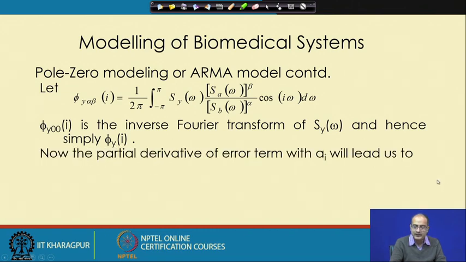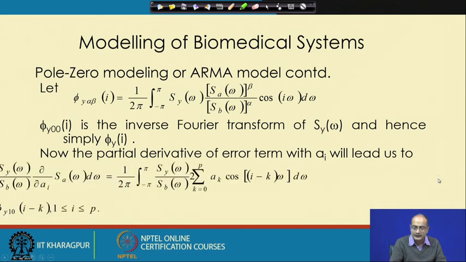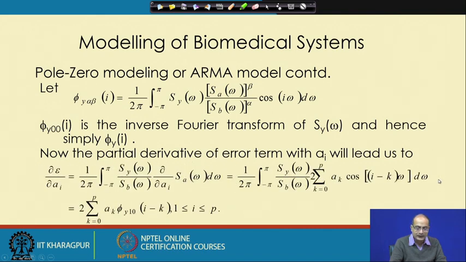Now, the partial derivative of the error term with respect to a_i, that is delta eta with respect to a_i, will give us the terms S y and S B, which do not have any term with a_i.